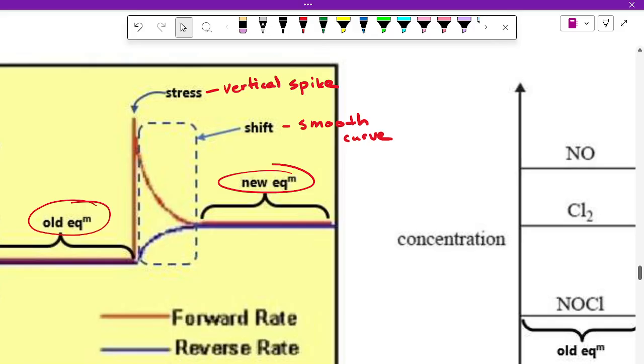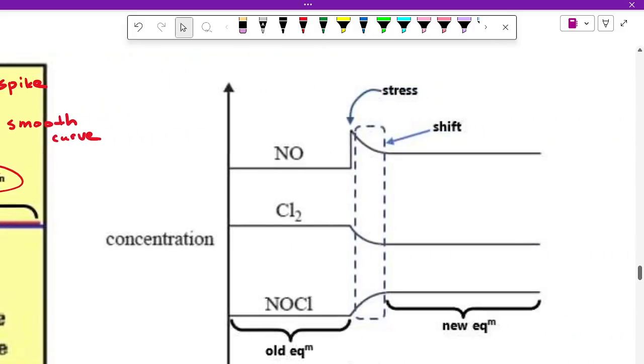When we have a concentration diagram, are the concentrations equal to each other at equilibrium? No, they are just constant. So the concentrations are constant. And then we have a stress, which shows up as a vertical spike.